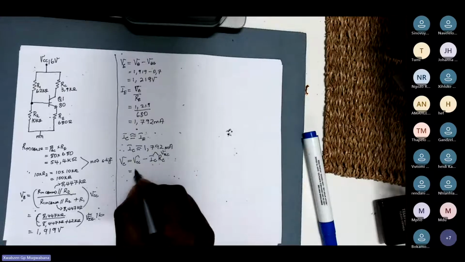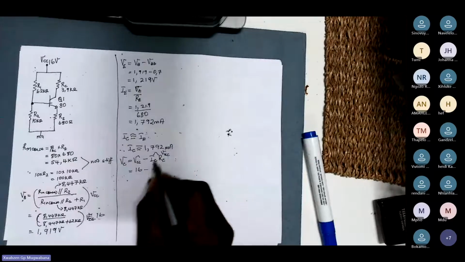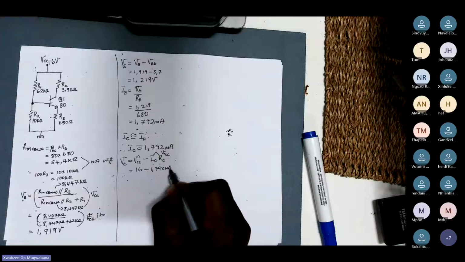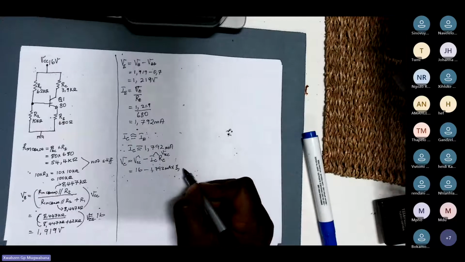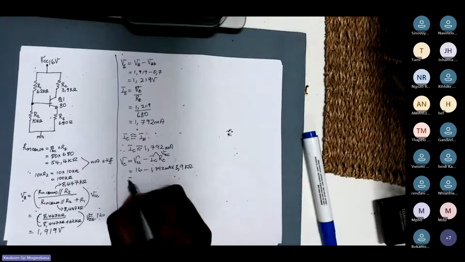VCC is 16 minus ICRC, which means 1,792 milliamps multiplied by RC, which is 3.9 kilo ohms, which gives you what?